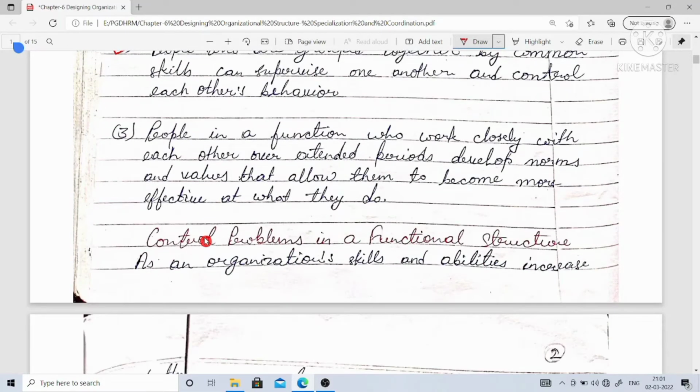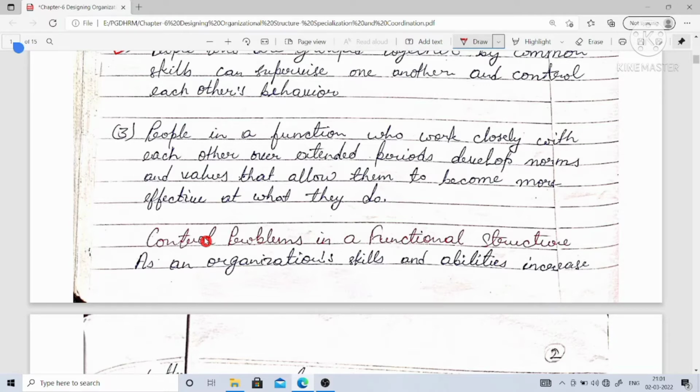Third, people in a function who work closely with each other over extended periods develop norms and values that allow them to become more effective at what they do.